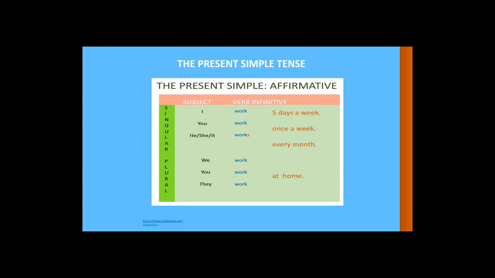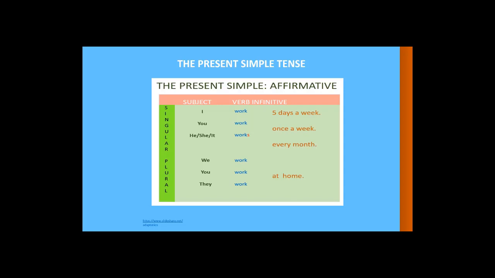The subject could be, as you can see in the diagram here, a pronoun, but you could use a person's name here as well. It could be a proper noun, it could be a common noun as well. Here we're using pronouns just to show that we're trying to establish the third person singular. And what does this actually mean? We'll go into detail about this.